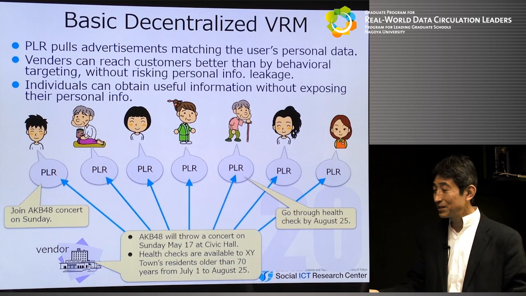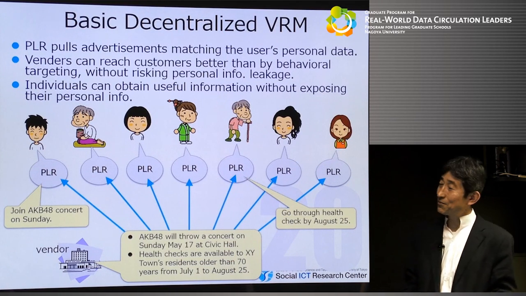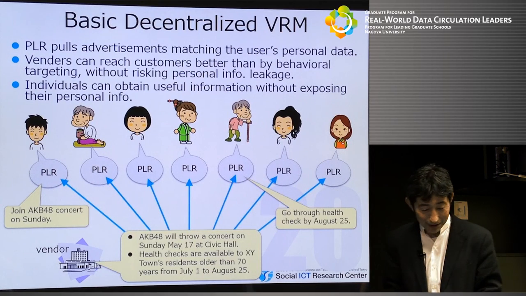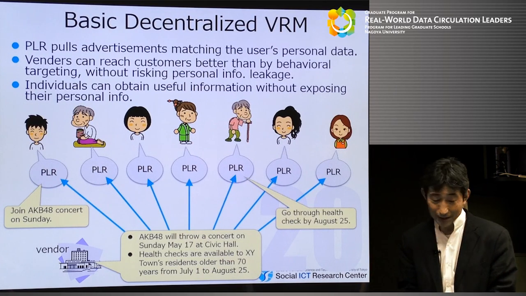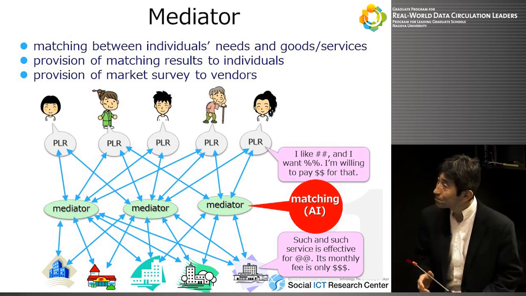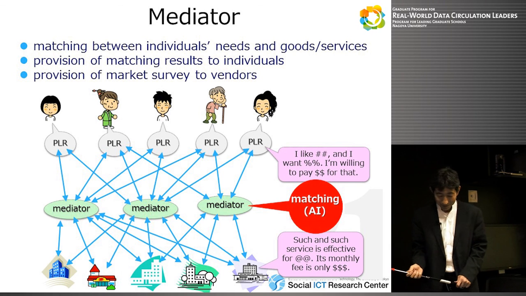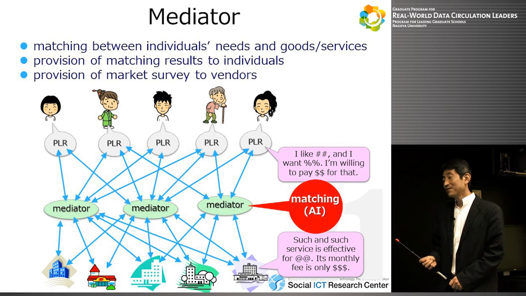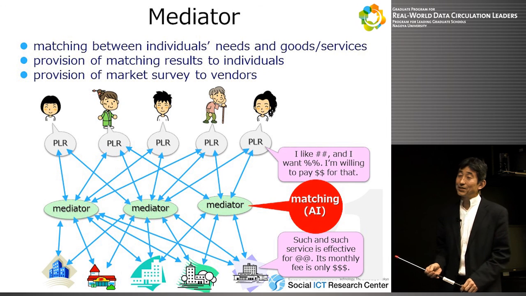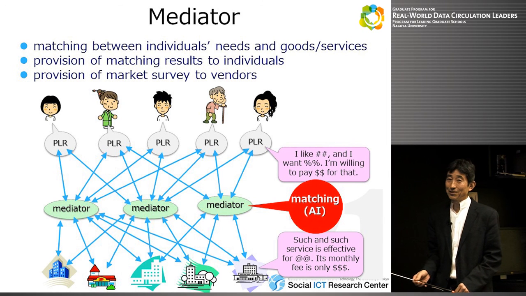So VRM is cheaper and safer and more efficient, both for the vendors and the customers. However, how many individuals and how many vendors are there in the world?